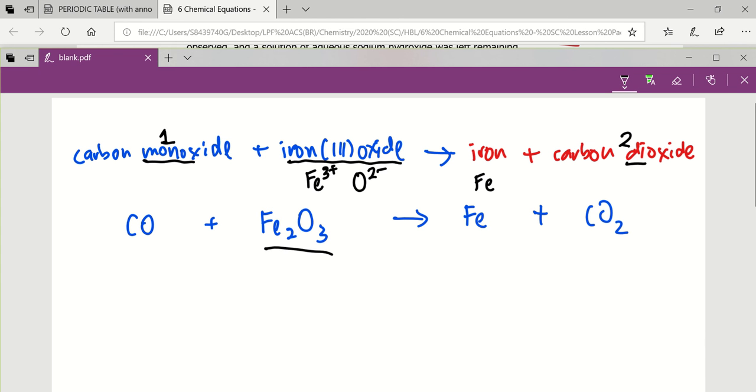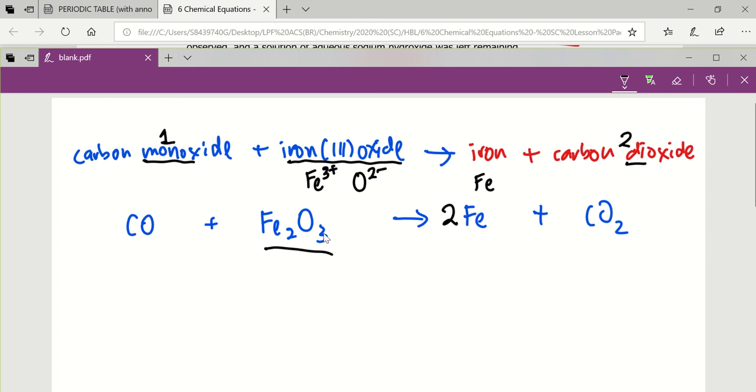From here you can see that there are 2 iron. The only time I see iron is at the product side. To balance it, we put a coefficient 2 in front of iron. For oxygen, I have 3 oxygen here in Fe2O3, 1 oxygen in carbon monoxide, and 2 oxygen in carbon dioxide.